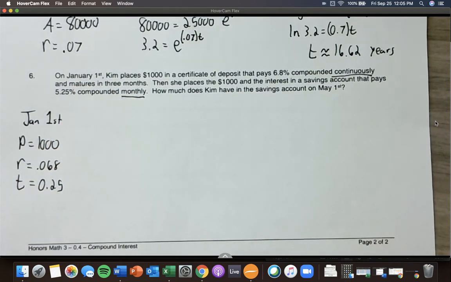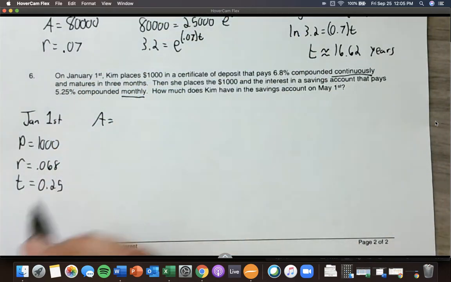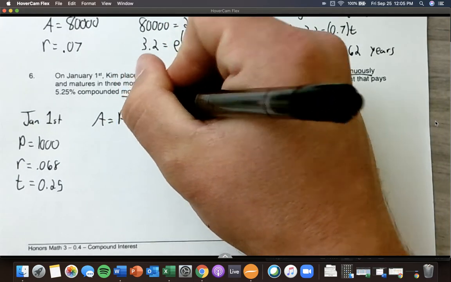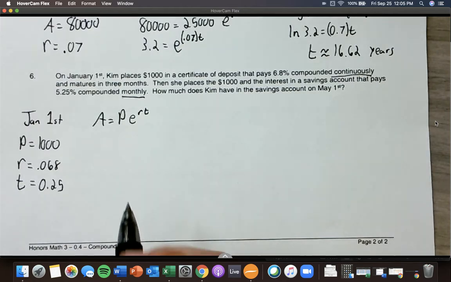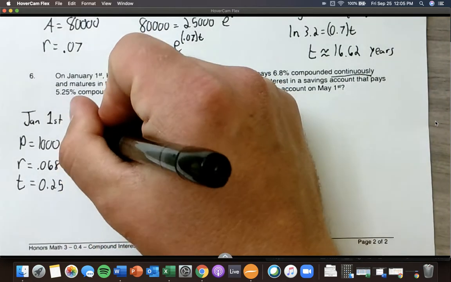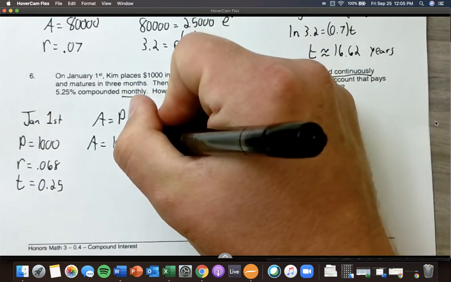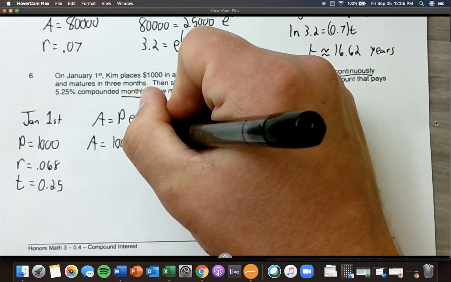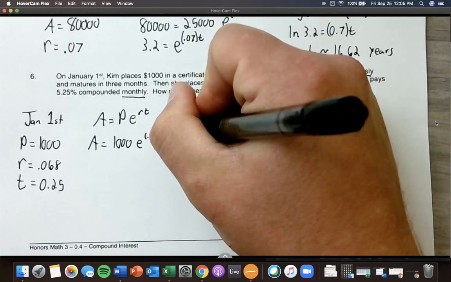Right, so now that we have these values, we can figure out how much was made in this account. A equals P e to the rt, because remember, it's continuously, so we have to use our continuous formula. And we just plug in our values: 1,000 times e raised to the rate, which is 0.068, times our time, which is 0.25.